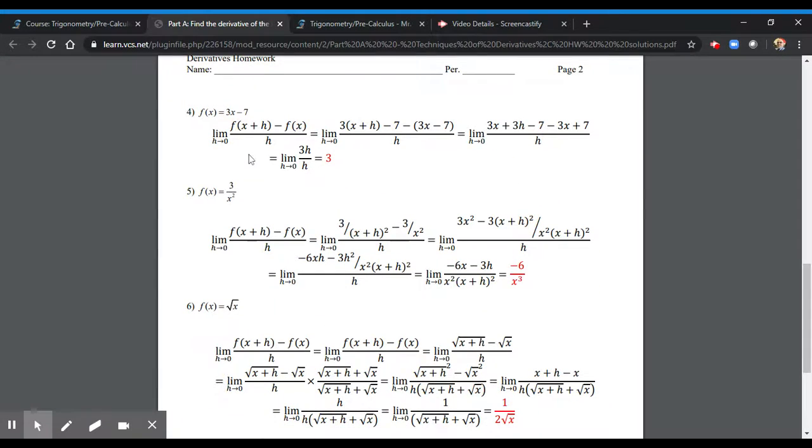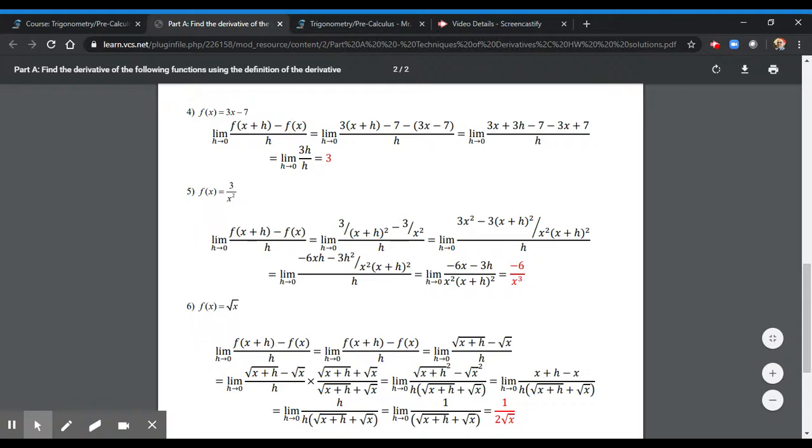Let's take a look at number 4. f of x equals 3x minus 7. So I've got the limit of f of x plus h minus f of x all over h. Well, what is f of x plus h? f of x plus h would be 3 times x plus h, minus 7, minus f of x, which is minus 3x minus 7.